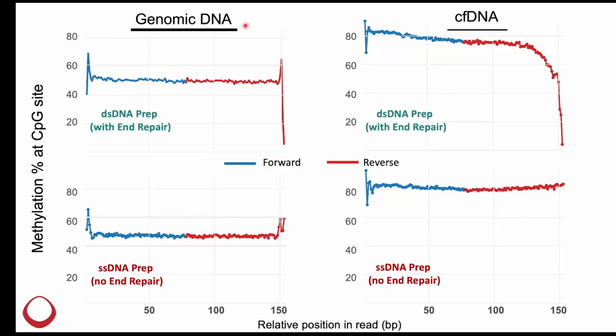So what you should notice here is not just that cell-free DNA looks different from genomic DNA. We established that in the earlier plot, higher overall methylation. But employing a library prep that utilizes end repair with cell-free DNA causes a drop in the observed methylation level starting as early as 50 base pairs into the molecule and then dropping off precipitously in the last 30 base pairs or so.